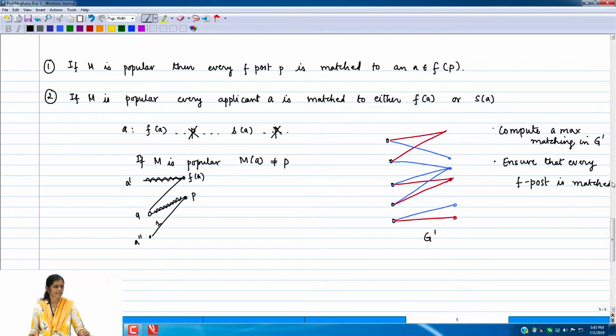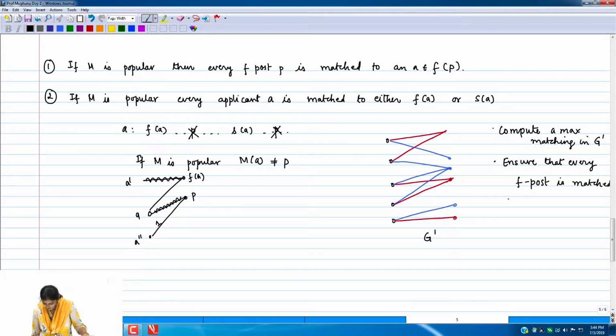How long does this take? This takes as much time as required to compute a maximum matching in a graph plus this time which is linear in the size of the instance, because it takes order n time to look at the posts and do this post processing. So it takes the time which is required to compute a maximum matching.